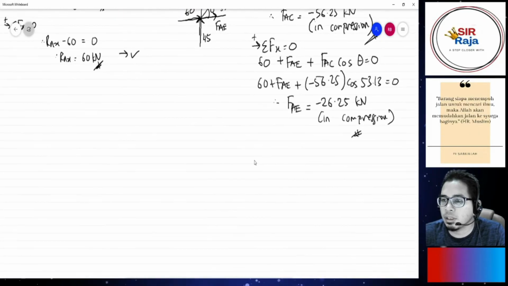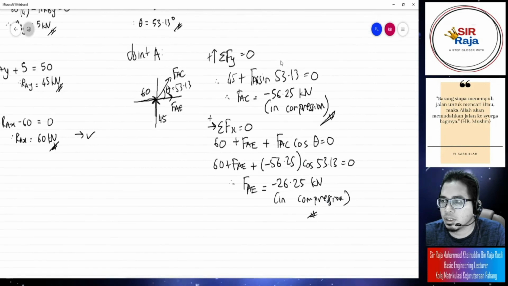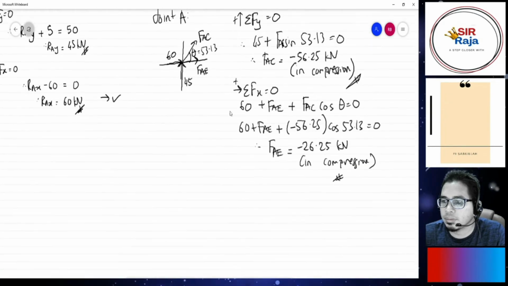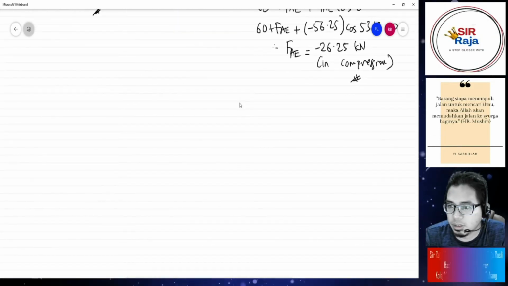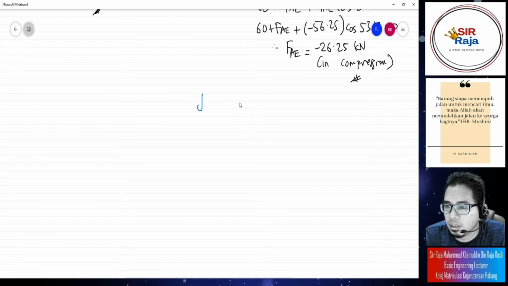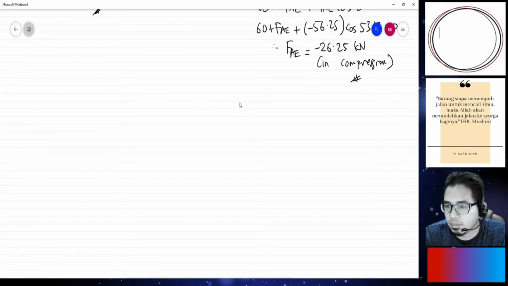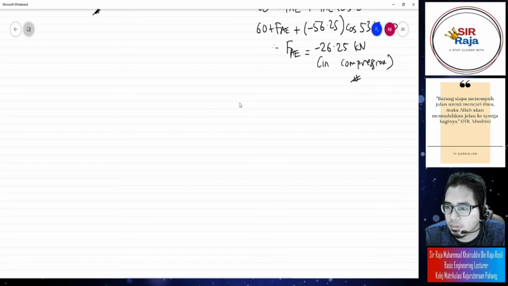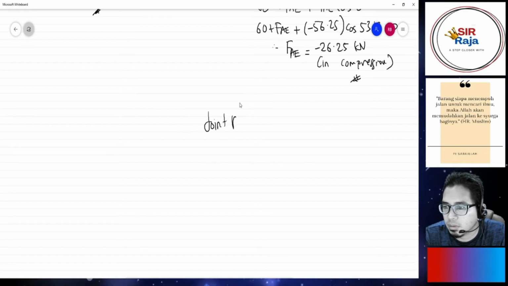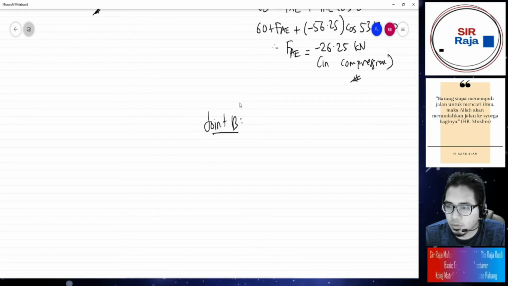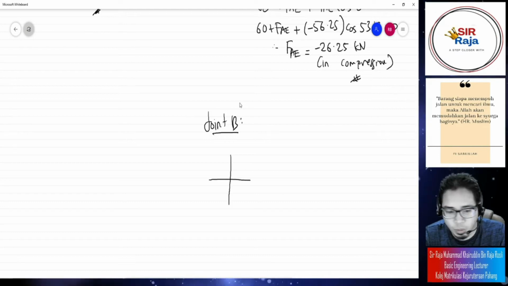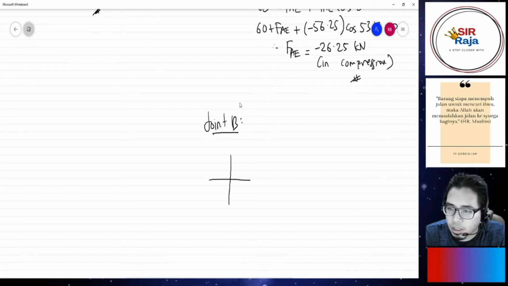Right, the next thing I'm going to do is joint B. So let's do joint B. For joint B, just draw the X and Y components, and then we have FBD.